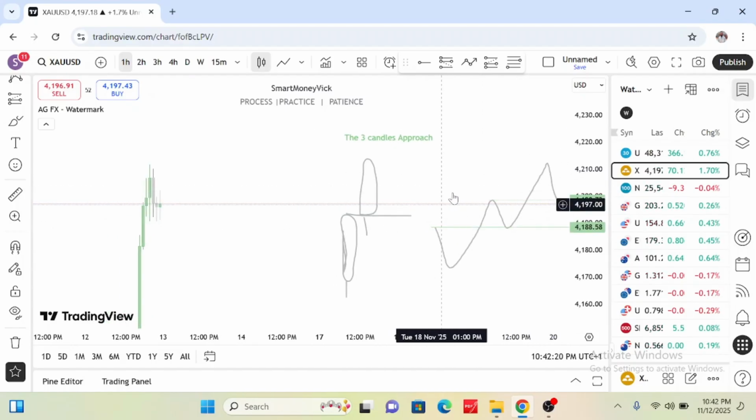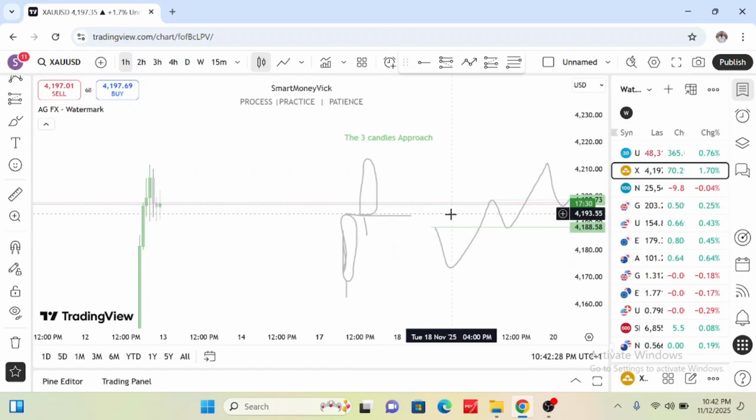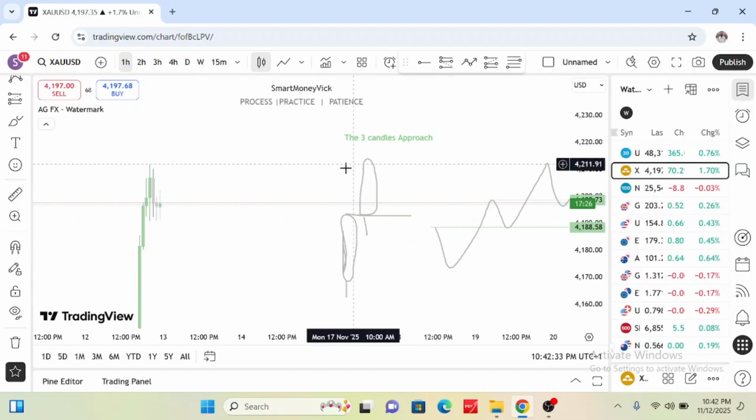So that being said, what this is trying to tell us is that we don't need multiple price movements. We don't need multiple candles to be able to identify a structure. Just the two candles that we have here is enough to tell us whether we are flipping bullish or bearish.